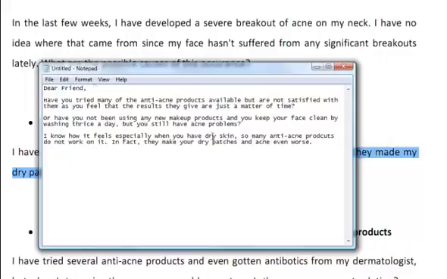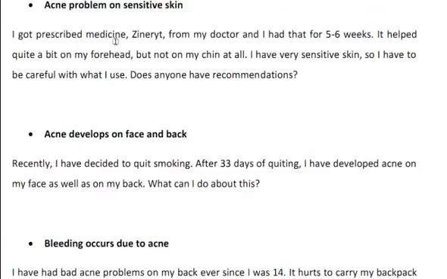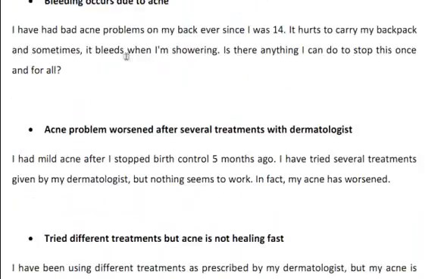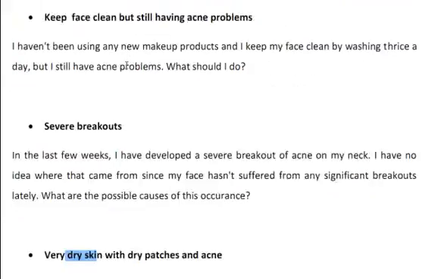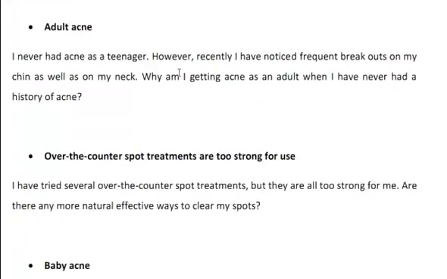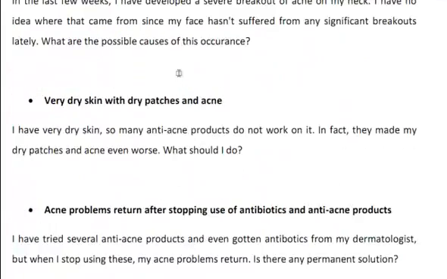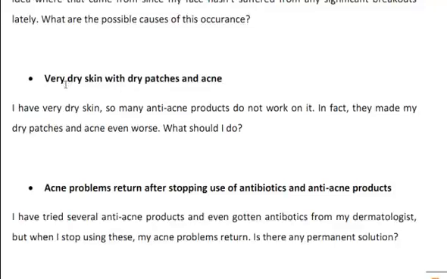For example, as you can see, many of your prospects actually face the problem of getting rid of acne on dry skin. I see dry skin being mentioned here. Let me see if there are any other mentions of dry skin. The sensitive skin. So no doubt that people are having the problem of getting rid of acne on dry skin.